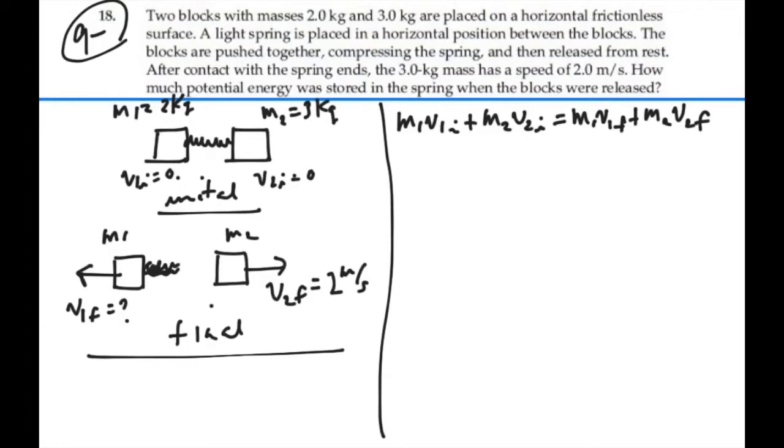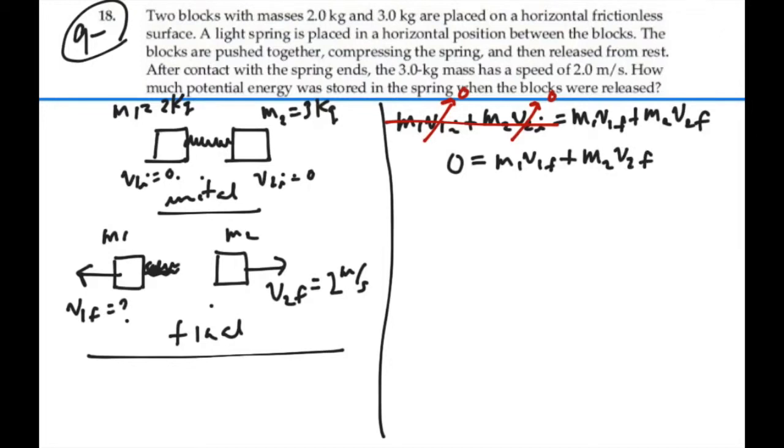In this case, v1 initial is 0 because mass 1 is at rest, and v2 initial is 0. So our initial momentum is 0. So we have 0 equals mass 1 v1 final plus mass 2 v2 final.